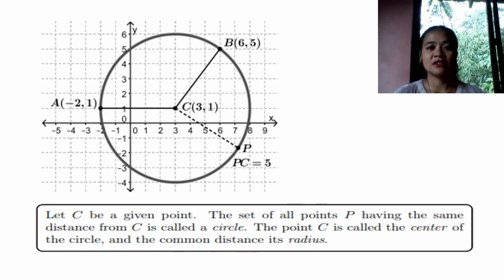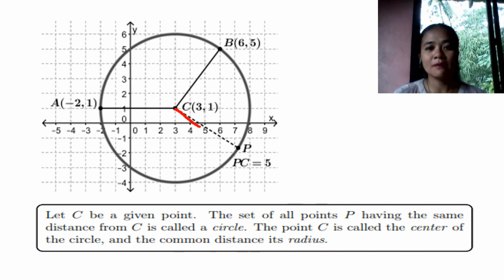This is the illustration of our circle. Let C be a given point. The set of all points P having the same distance from C is called a circle. The point C is called the center of the circle, and the common distance is what we call the radius.